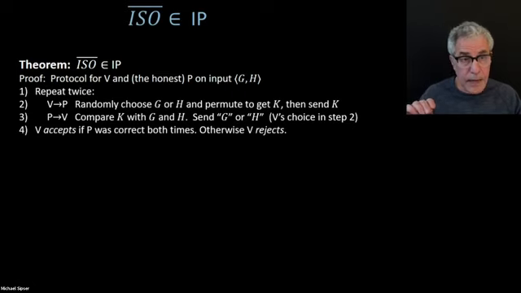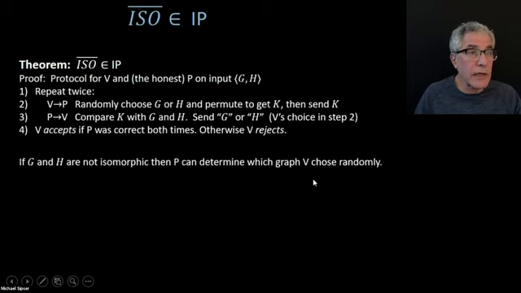And if the prover was ever not right, the verifier says, oh, something's fishy here, because we know that the prover has unlimited capability and could get it right if this was an honest prover. If it's not getting it right, then the verifier is going to reject.